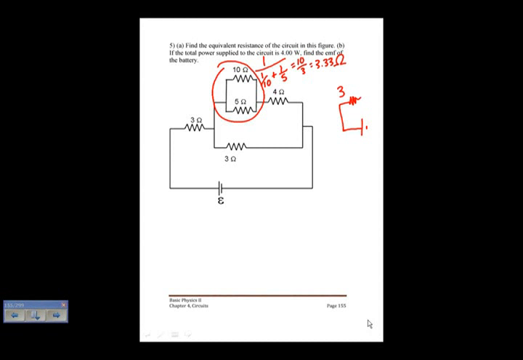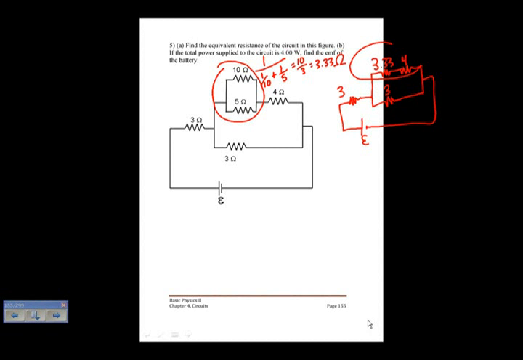That's my 3 ohm resistor. It's my new 3.33, and then my 4 ohm resistor. And a 3 ohm resistor over here, and then back to the battery.